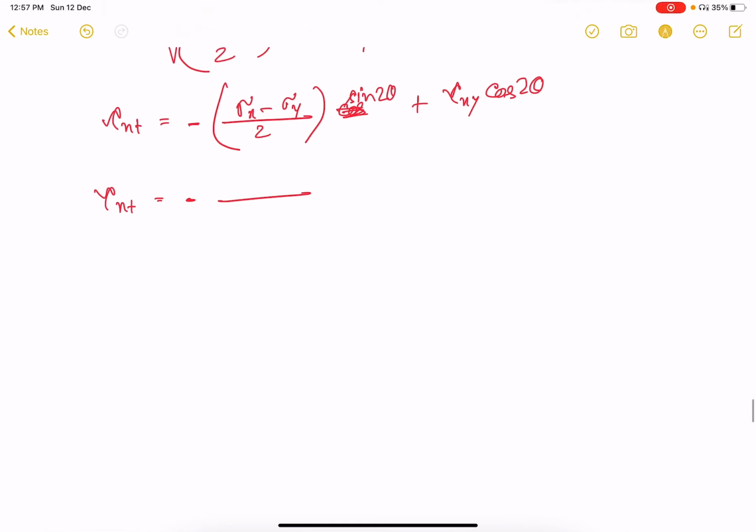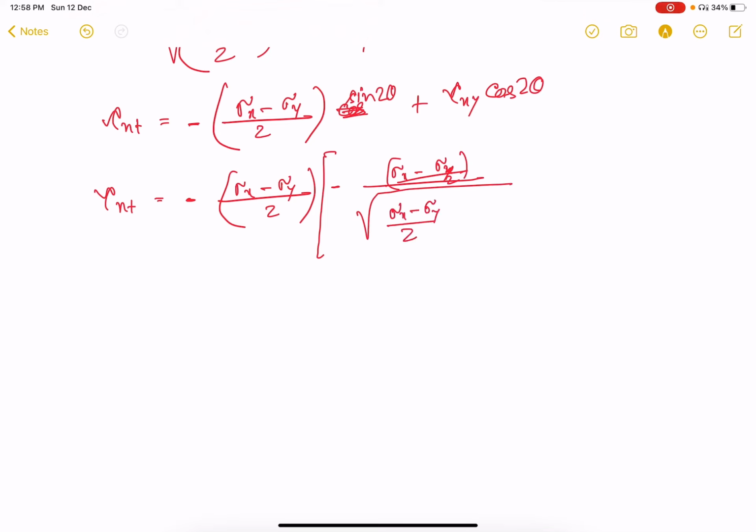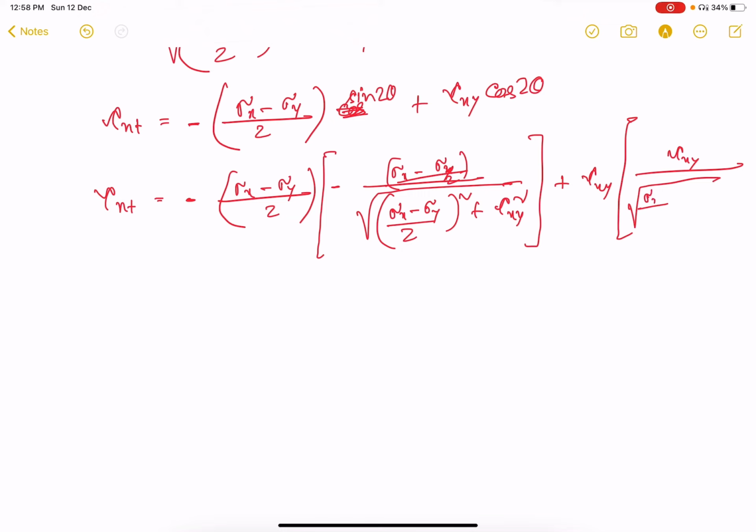Let me write down the thing. It is minus sigma x minus sigma y divided by 2 times minus sigma x minus sigma y divided by 2, over the root of sigma x minus sigma y divided by 2 whole square plus tau xy square, plus tau xy times tau xy over the same root.